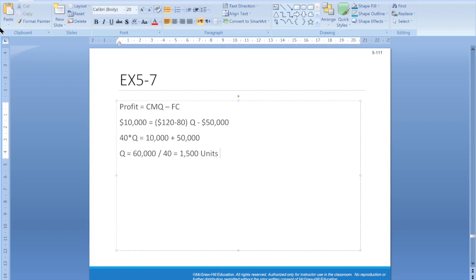How many units do we need to sell in order to get that much profit, the 10,000? Okay.